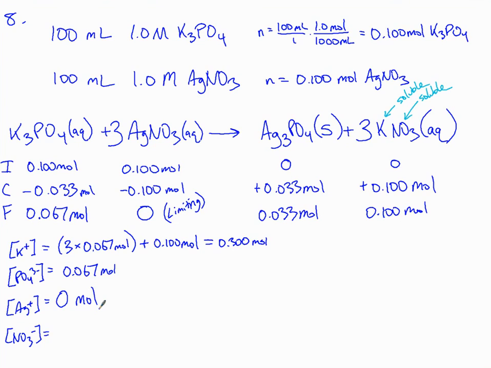Lastly, we have nitrate, and we have no nitrate left in the reactants. All of it was used up. And in the products, we do have some nitrate. We have 0.1 moles of it, and there's only one nitrate per compound, so it's just going to be 0.1 moles.